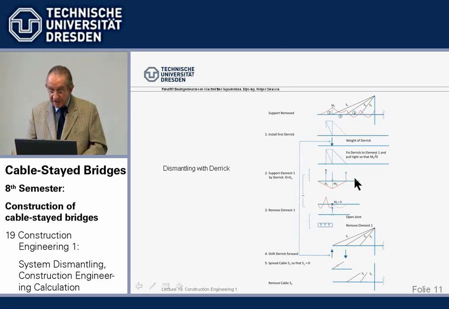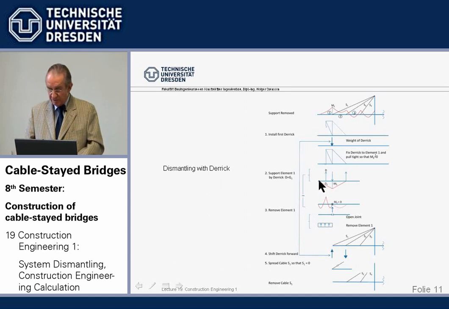So that is the load the derrick exerts on the beam. And now, if I pull this upwards, theoretically speaking, so much that this moment here, at the end of the element, and normal force and shear, I just talk about moment, becomes 0.